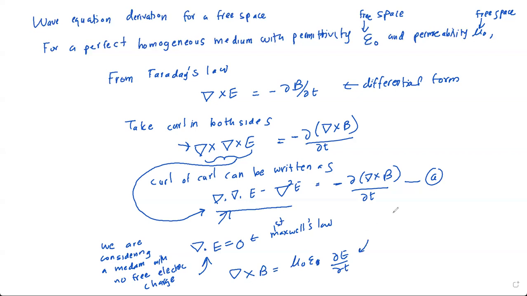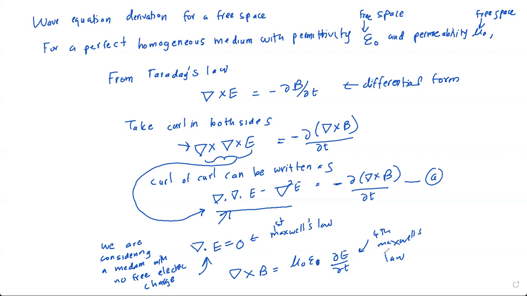This is the fourth Maxwell's law. In the fourth Maxwell's law, usually there was a term where we had mu naught J.